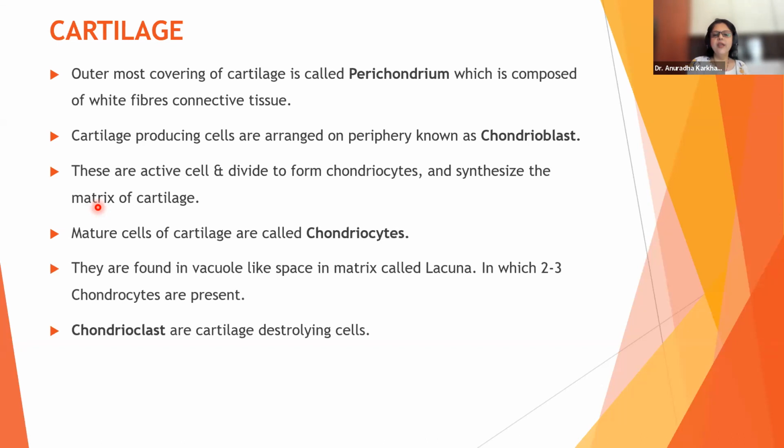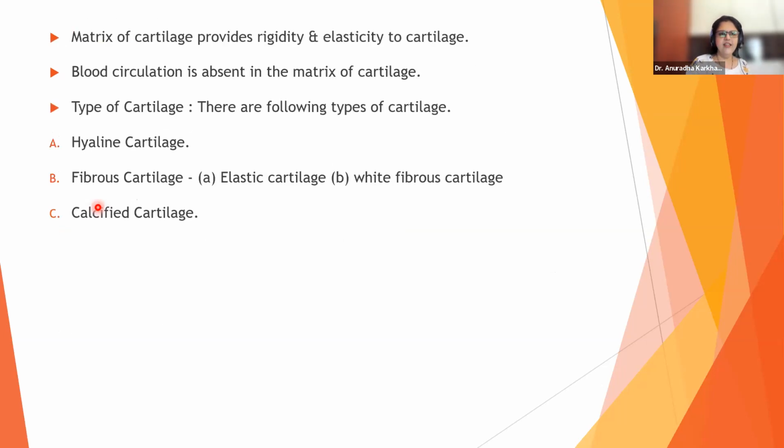They are found in vacuole-like spaces in matrix called as lacuna. In lacuna, there would be 2 to 3 chondrocytes present. Chondroclast are cartilage destroying cells. So chondroblasts are cartilage producing cells and chondroclasts are cartilage destroying cells. Okay? Fine? See this.